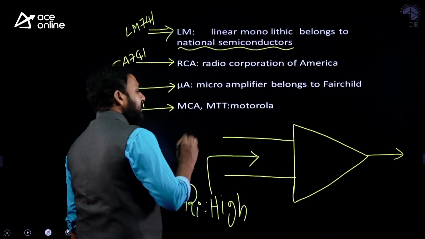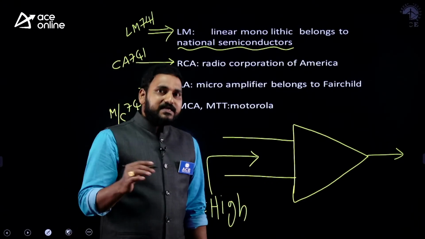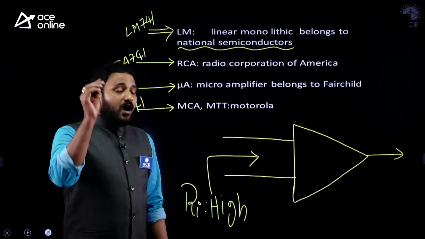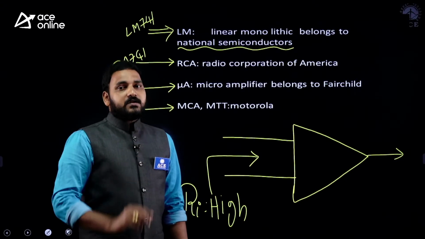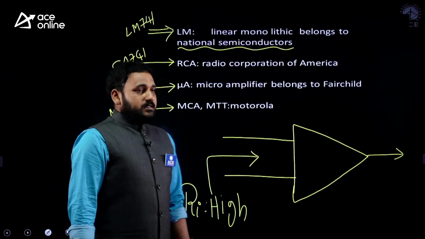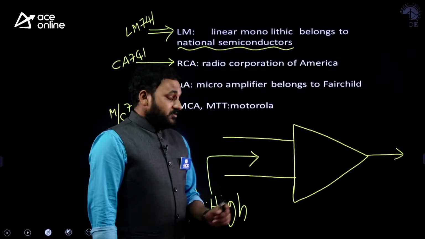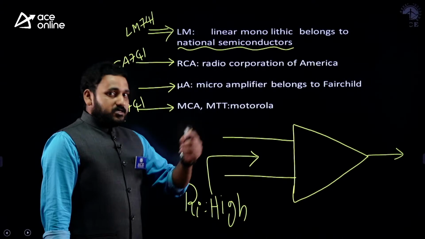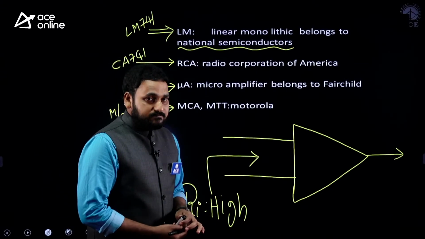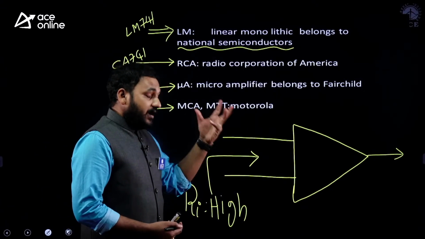Under practical conditions, they very rarely ask you. Ideal specifications are very important for you. They keep on asking the ideal specifications of op-amp. Sir, what are the specifications or characteristics of op-amp, ideal and practical?